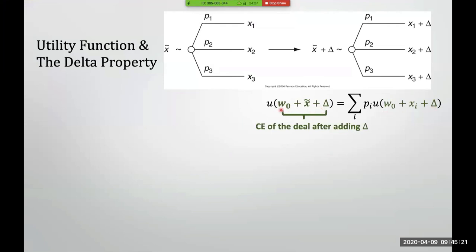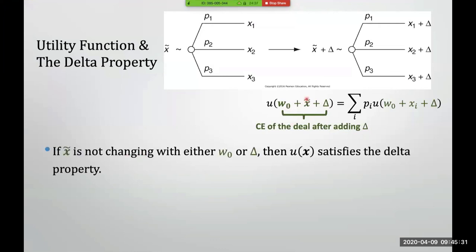Okay, so this is just the certainty equivalent of the uncertain deal after adding delta dollars and with an initial wealth of W0. So if this certainty equivalent, this delta X tilde amount, is not changing with either W0 or delta, then we have the delta property.